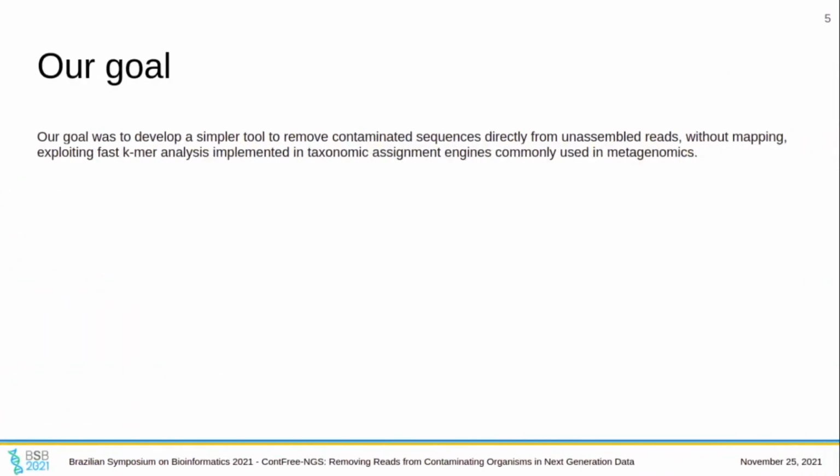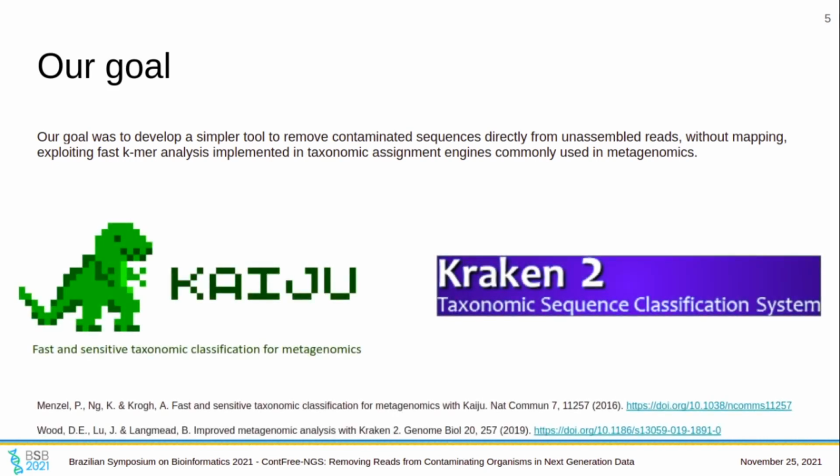So our goal with ContFree-NGS was to develop a simpler tool to remove contaminating sequences directly from unassembled reads without mapping, exploiting fast k-mer analysis implemented in taxonomic assignment engines commonly used in metagenomics, such as Kaiju, a fast and sensitive taxonomic classification software for metagenomics, and Kraken 2, a taxonomic sequence classification system.